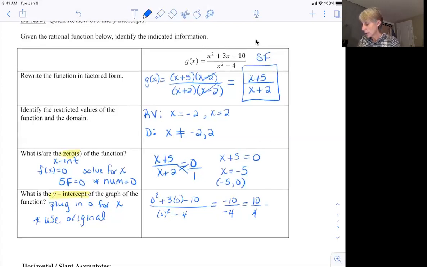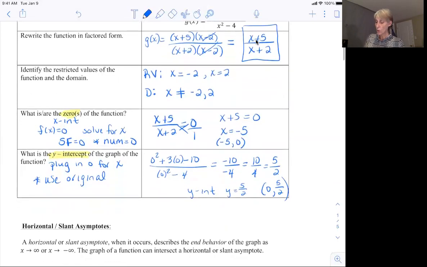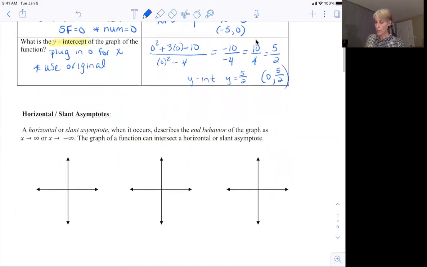If you clean that up, you get 5/2. So our y-intercept is 5/2, or you could say 0, 5/2. Either one is acceptable. All right, so we will be using that more tomorrow. I just wanted to go over it today so it wasn't all brand new tomorrow.